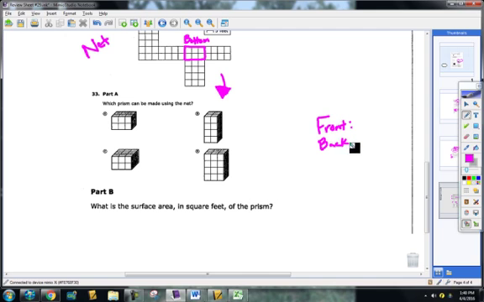This is what we did before break. It has a top, it has a bottom. It has a right side, it has a left side. All you have to do is go through here and find the area of all these sides. That's how you find the surface area. Then all you got to do is add all of them together. Okay? Add the area of each side together.